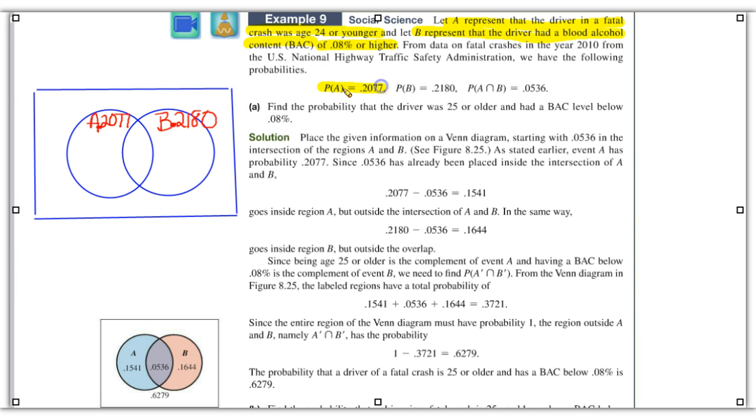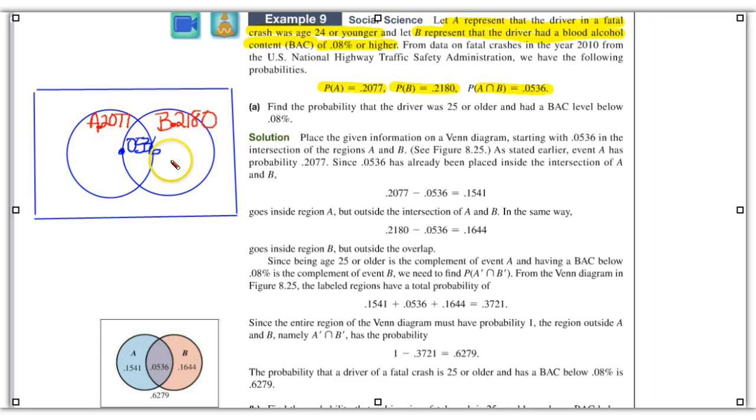That A is this, and this is what I'm putting there. B is this, and I'm putting that there for B, and they're showing us the intersection. So what we need to put in now is that intersection reading, which will be 0.0536.